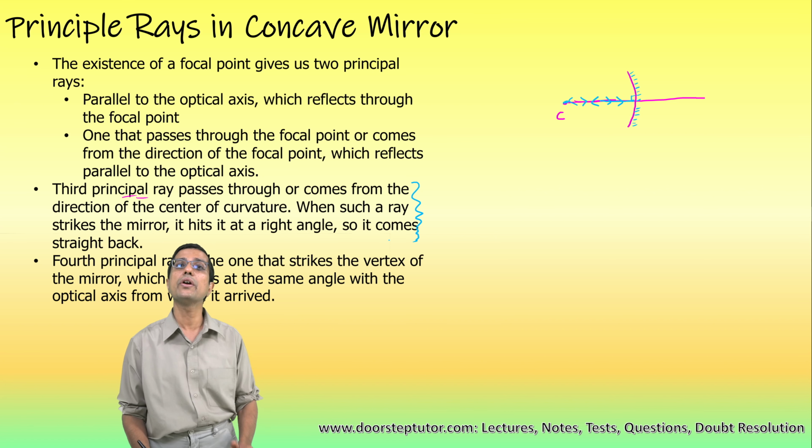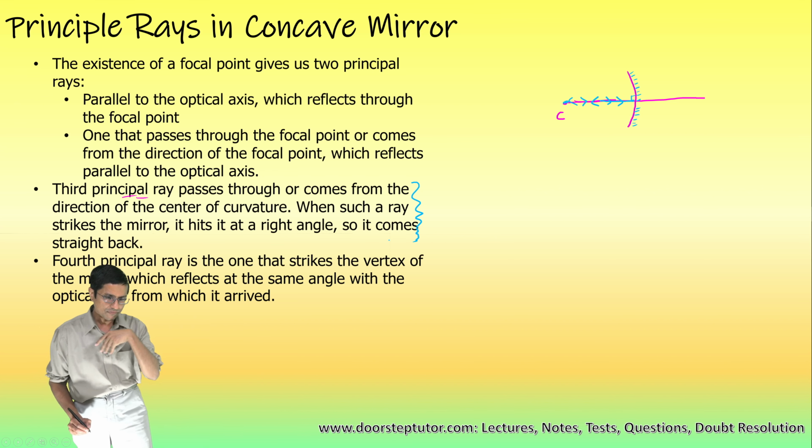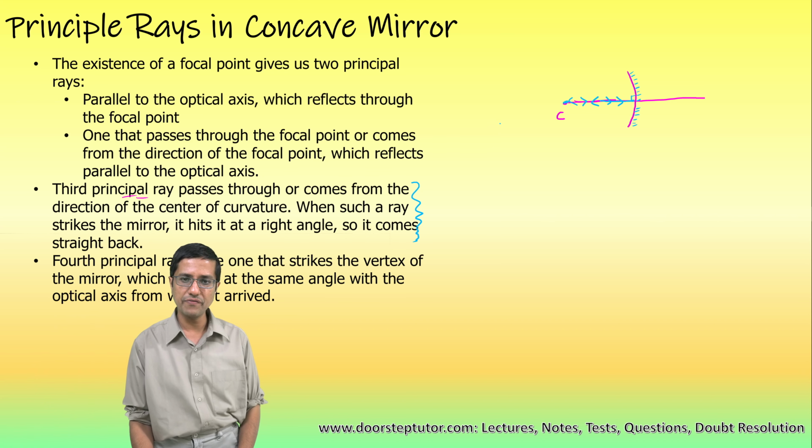We are always going to use this particular ray all the time. The second ray that we are going to look at is this one. Again, very simple. This ray, which is incident on the pole of the mirror at an angle theta, would be reflected back at the same angle theta. Why?